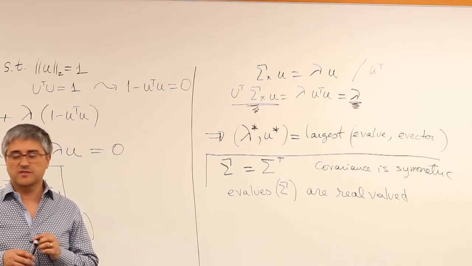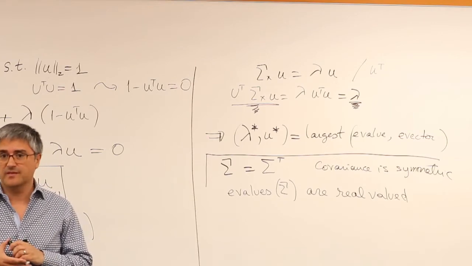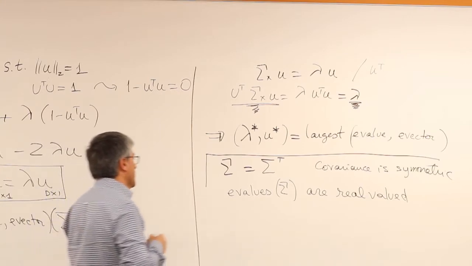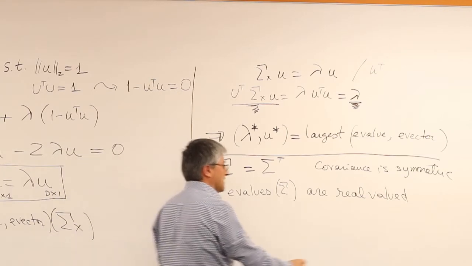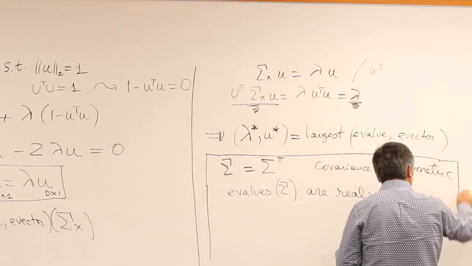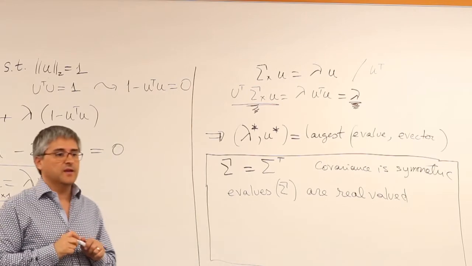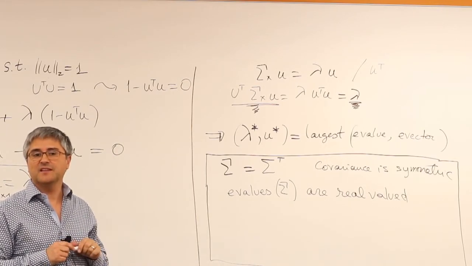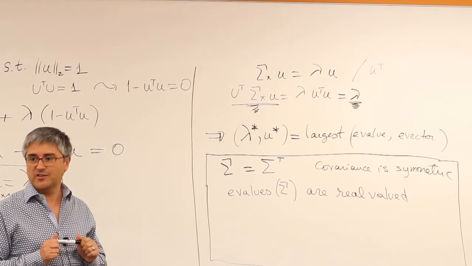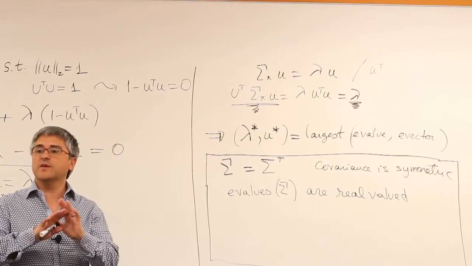So symmetric matrices always have real eigenvalues. Keep this here because this box I'm going to complete in a moment with extra information. By the way, this is the first question of the homework, to actually show that the eigenvalues of a symmetric matrix are always real. Because they are real, we can always pick the largest one.